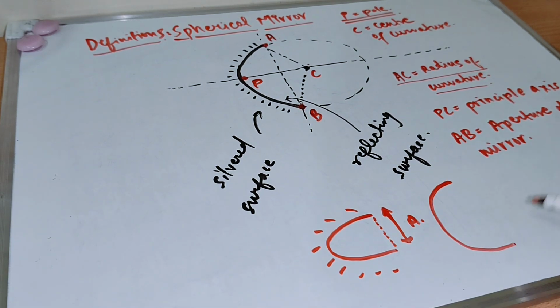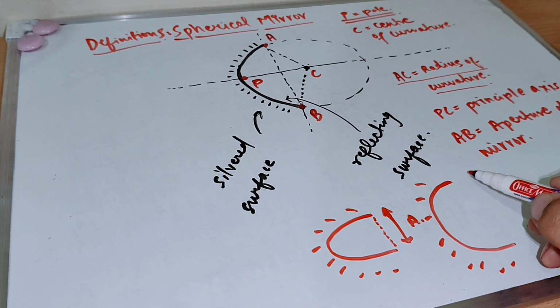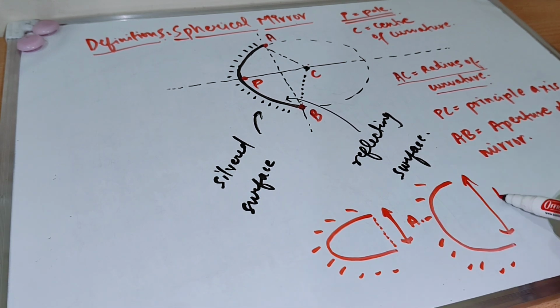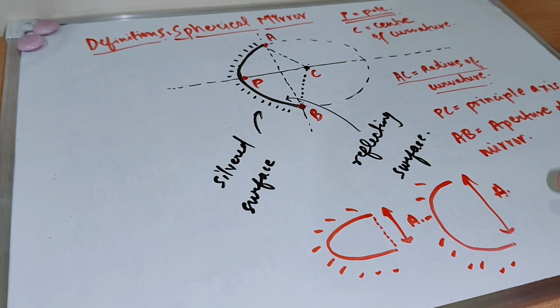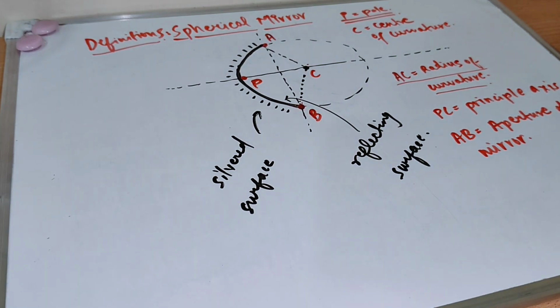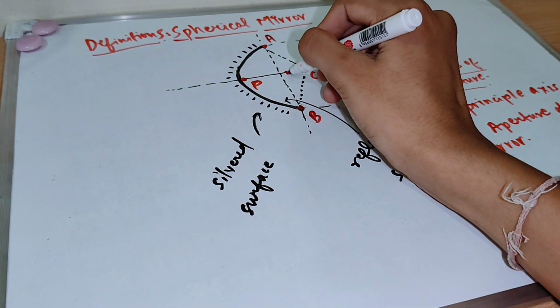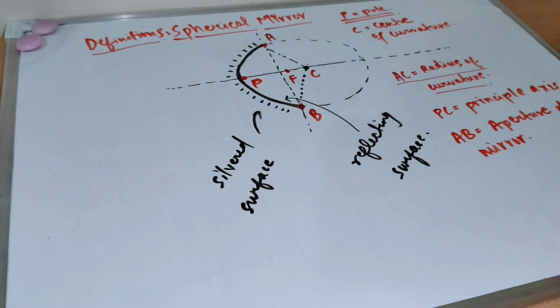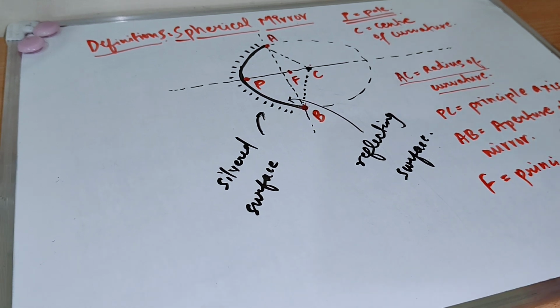Say I have this surface. In that case, this would be the aperture of the mirror. I hope you can understand the meaning of aperture. Now, this point is F. F is the principal focus.